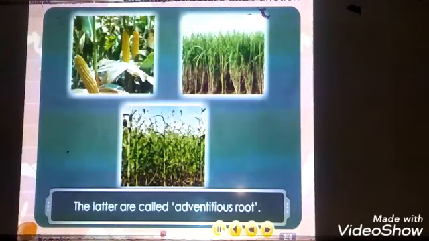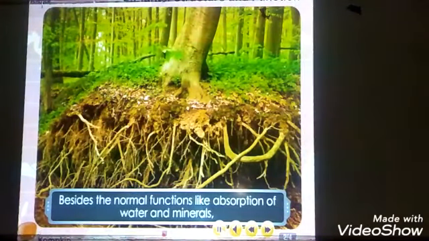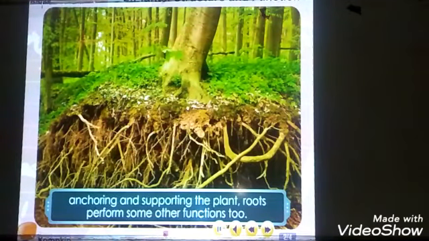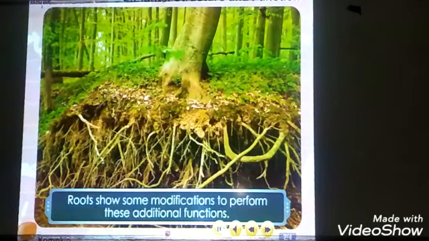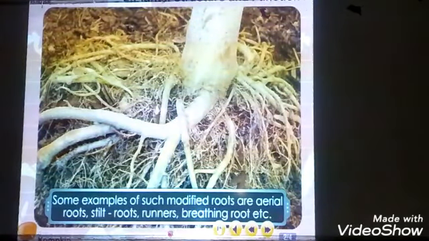The latter are called adventitious roots. Besides the normal functions like absorption of water and minerals, anchoring and supporting the plant, the root performs some other functions too. Some examples of such modified roots are aerial roots, stilt roots, runners, breathing roots, etc.